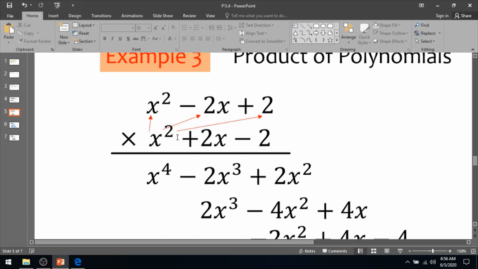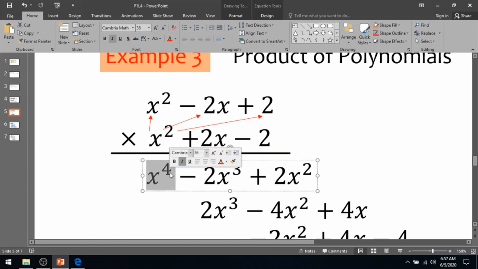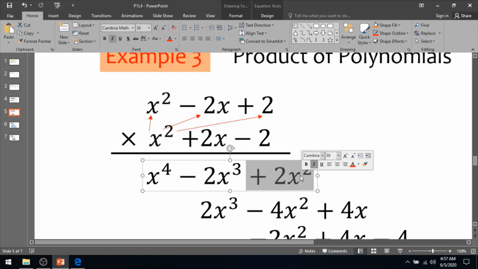Okay? Now, following those process, so x squared times x squared is x raised to 4. Correct. X squared times negative 2x is negative 2x cubed. And x squared multiplied by positive 2 is positive 2x squared. Okay, that's the first process.